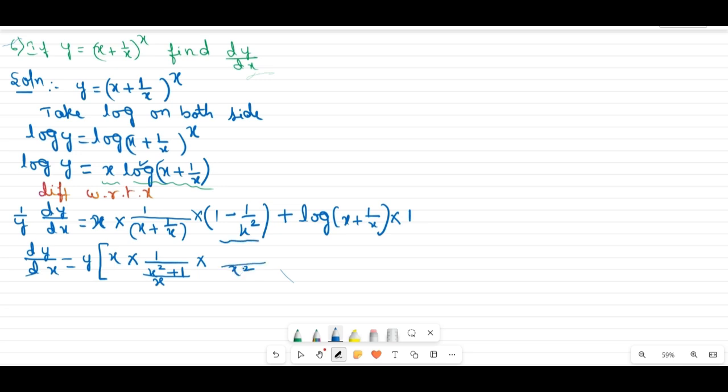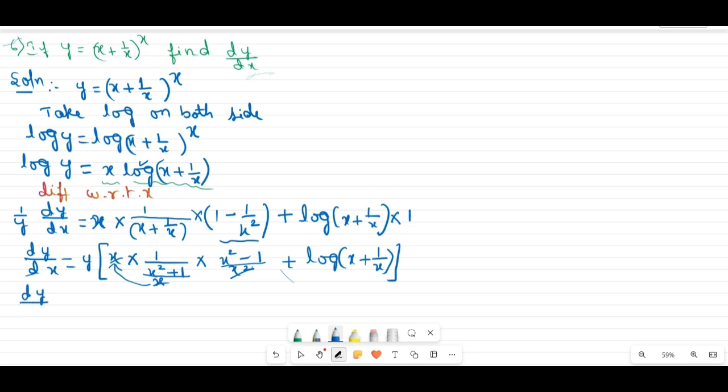X square is the LCM. It becomes x square minus 1 plus log of x plus 1 by x. If any term gets cancelled, we just cancel it. This x multiplies with this x, it becomes x square. So, as it is in the numerator, both the terms get cancelled with x square. Now I will write down the remaining terms.